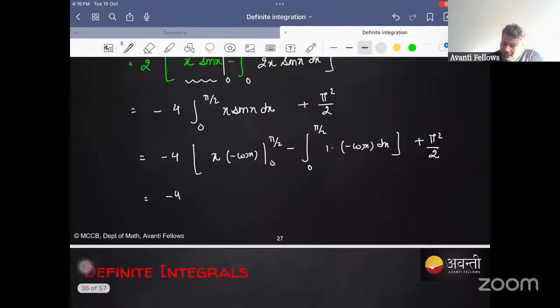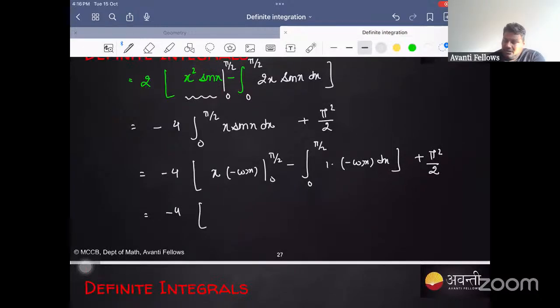Now minus 4 times. Because of pi by 2 it is 0, cos x is 0. Because of 0, x is 0. So this goes 0. Now these two minus signs will become positive. And integration of cos x is sin x, limit 0 to pi by 2, along with this pi square upon 2.